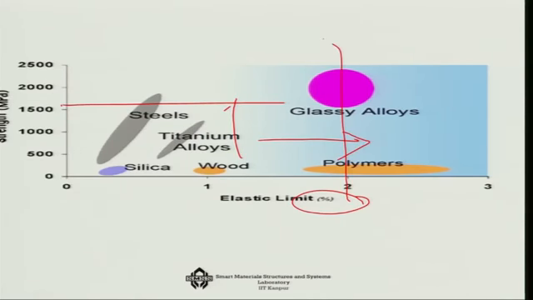So, that is the good thing about it, that you get a much higher level of strain, but also a very high level of strength. So, that combination makes glassy alloys like bulk metallic glasses a very unique new material.